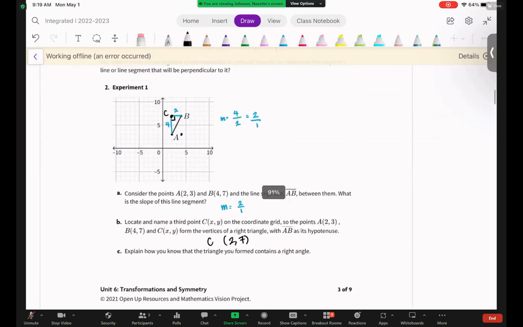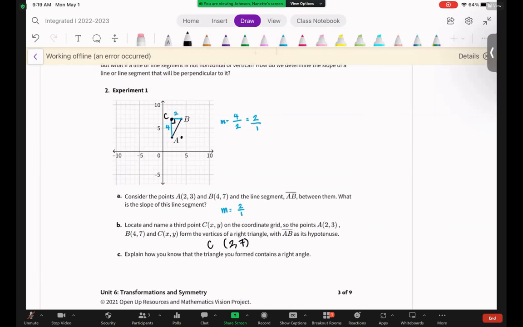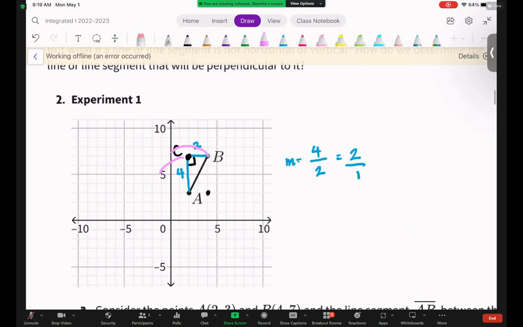We're going to rotate it around point A. So you're going to rotate this 90 degrees, something like this, right? So that B rotates, C rotates, and then you have this whole new triangle. Okay. But now it's 90 degrees.